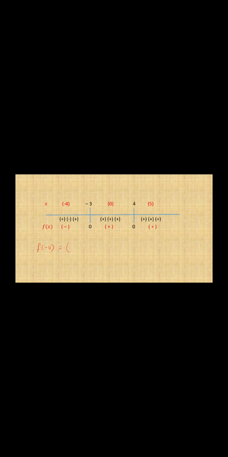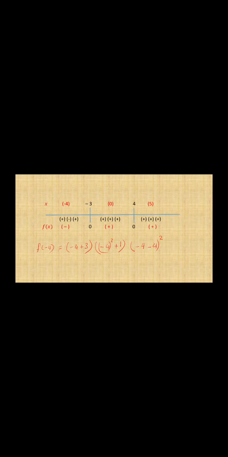So it will be negative 4 plus 3, times negative 4 squared plus 1, times negative 4 minus 4, all to the power of 2. Here we substituted by that.